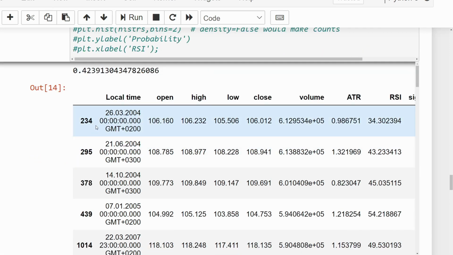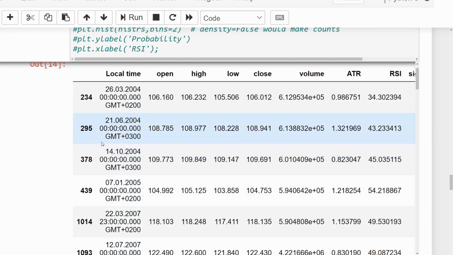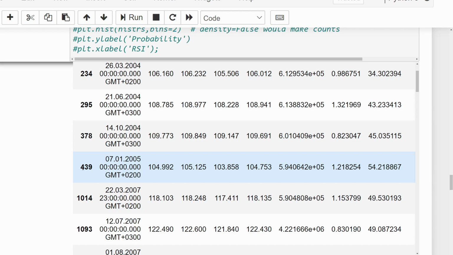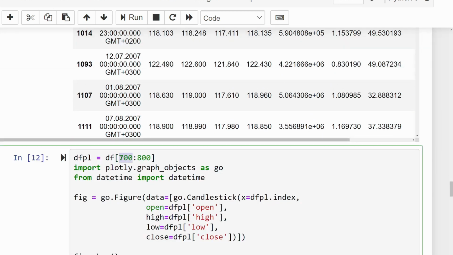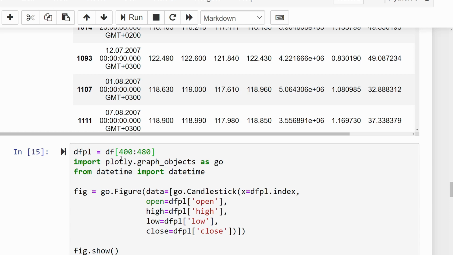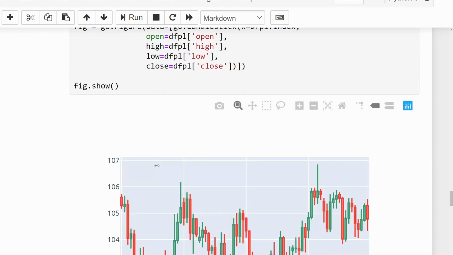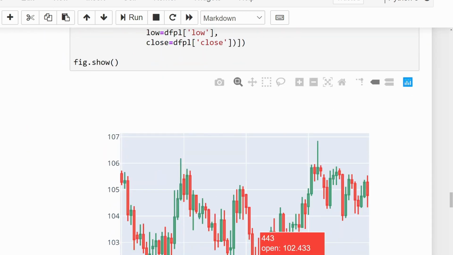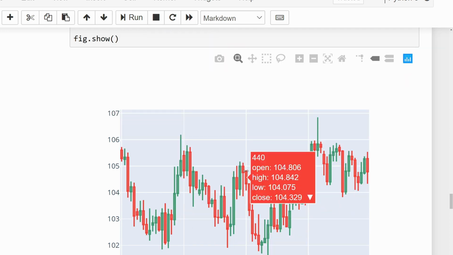And of course, we can proceed just like for the selling signals. We can check the false positives. For example, I'm going to take this one, the 439 candlestick. So let's go down and check between the 400 and let's say 480. I'm going to plot these and check the 439. Okay, so it's this one here.